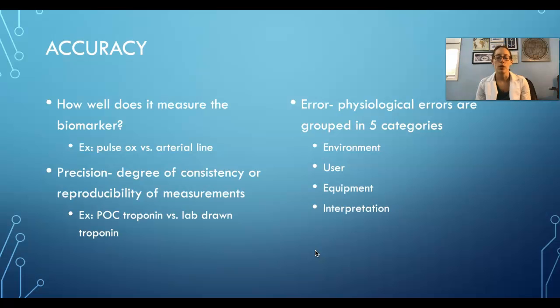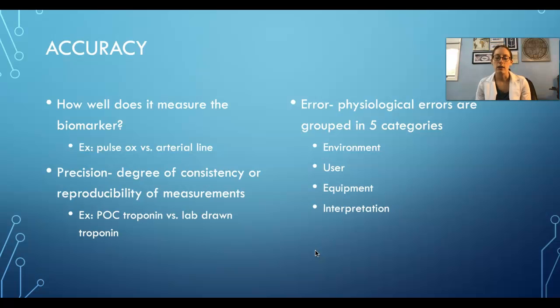So for example, back in the day when we had POC troponins, we had a difference in the measurement scale between the POC troponins and the lab-drawn troponins. If you're looking for precision, but you're comparing a POC troponin versus a lab-drawn troponin, you're not going to get the exact need that you are looking for.